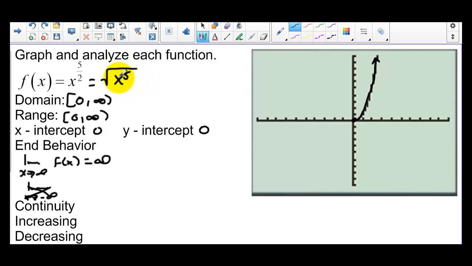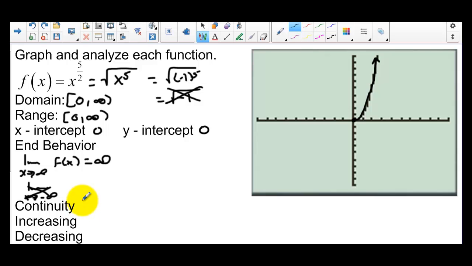Now if you plug in a negative 1 here, we would have negative 1 to the 5th, which is negative 1, and then we'd have the square root of negative 1, which is not real, it's imaginary. We cannot plug in any negative values. That's why we can't examine the limit as x approaches negative infinity.